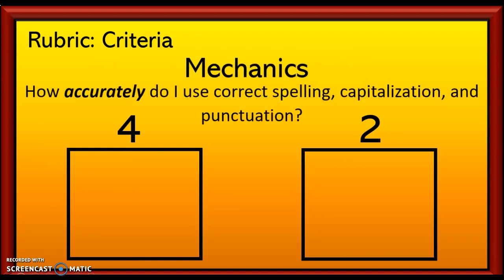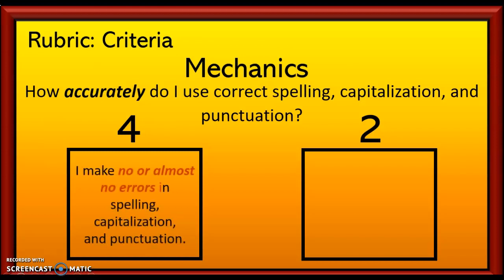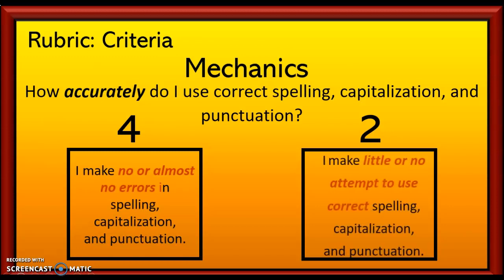Mechanics, how accurately do I use correct spelling, capitalization, and punctuation? A 4, this would be I make no or almost no errors in spelling, capitalization, and punctuation. And a 2 would be I make little or no attempt to use correct spelling, capitalization, and punctuation. So when you edit this writing, please make sure that you are using the correct spelling, the correct punctuation.